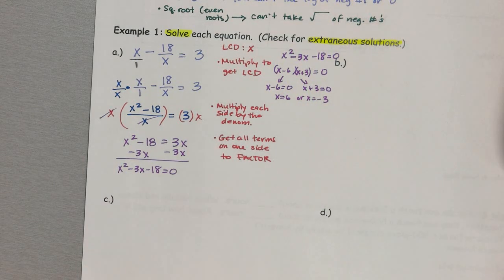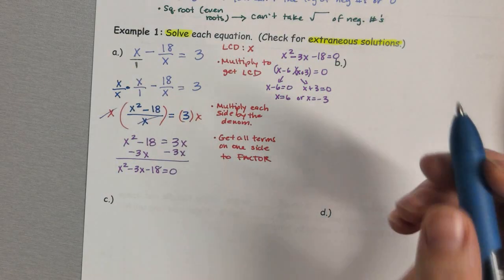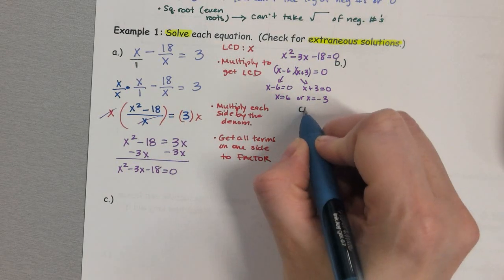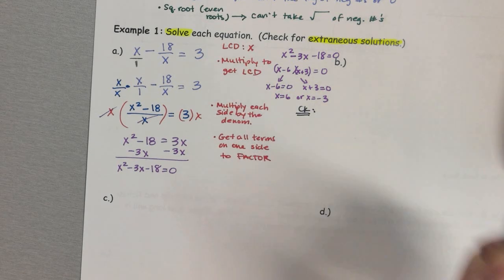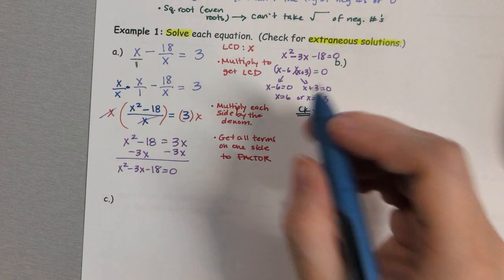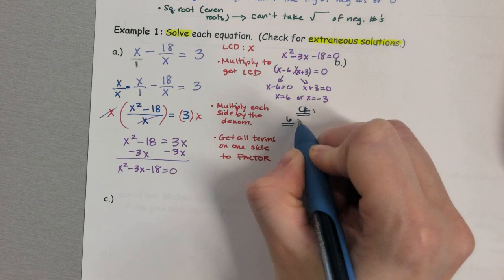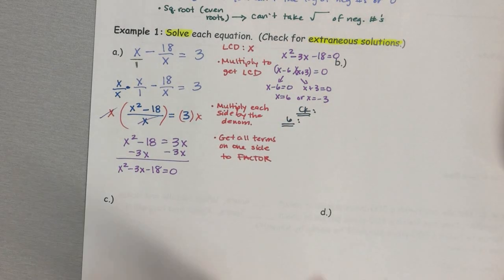This is where we have to check them, and I am going to show you how to check. When you check, you really can just plug them in. So if you're checking 6, sorry, that's really small, that's hard to see.